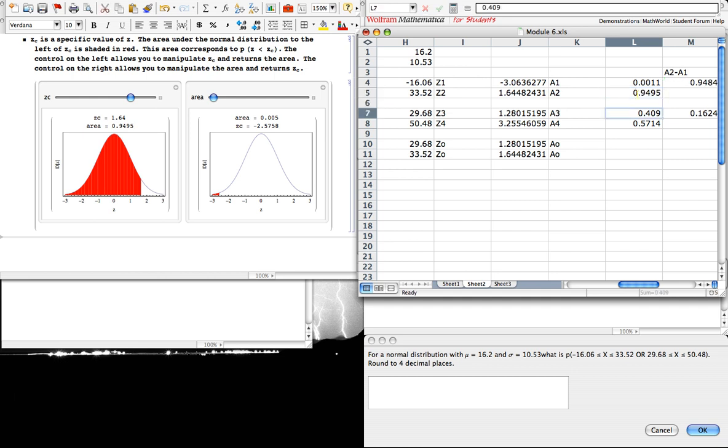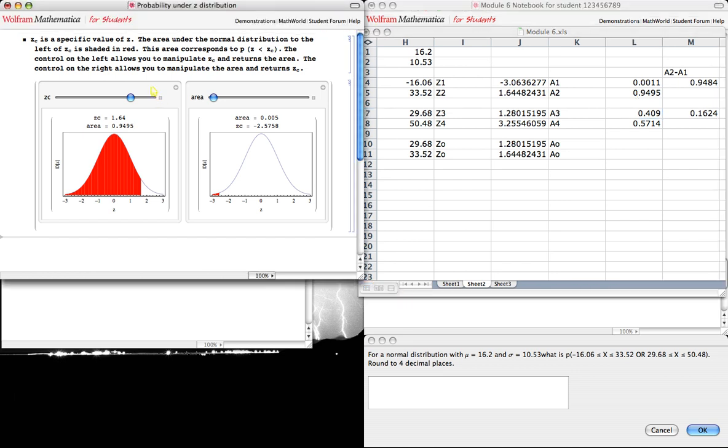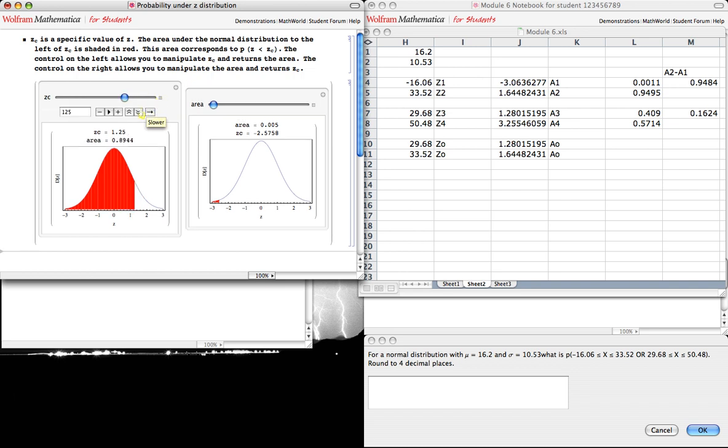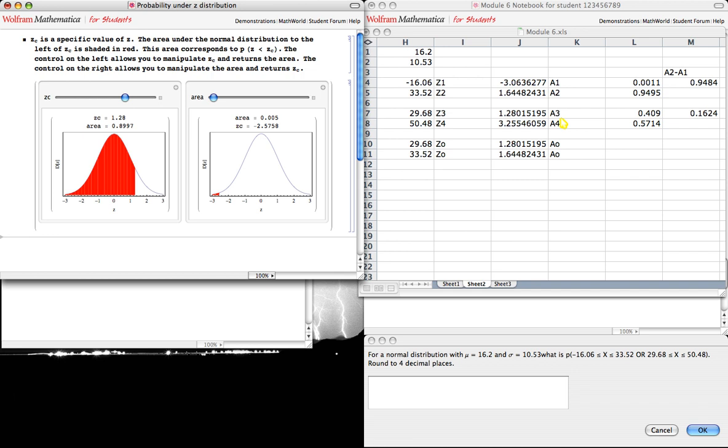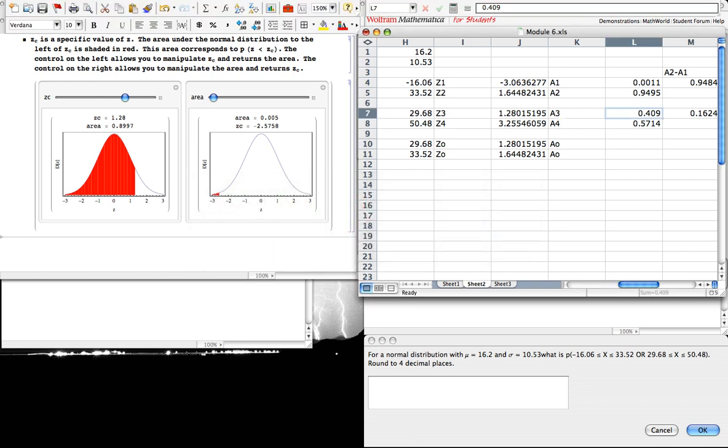Okay, the other value I'm interested in is 1.28. So again, I just have to find it here. 1.28. And the area associated with that is 0.8997.